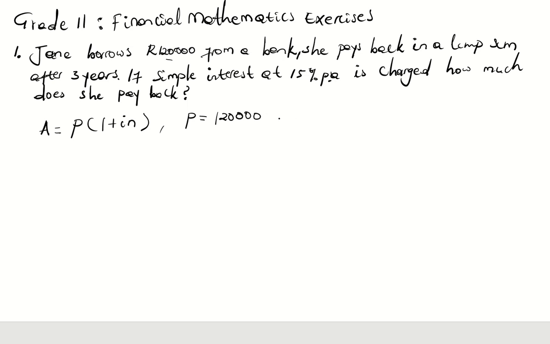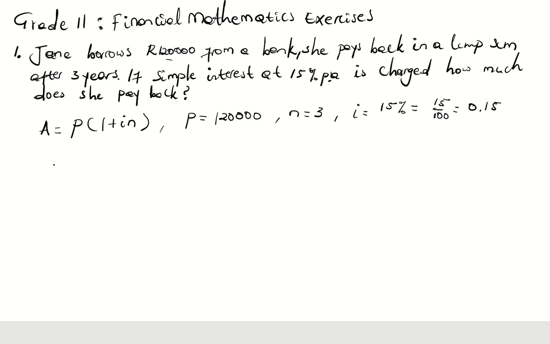That's our P. The period, n, is 3 years. So we have n is 3. And we also have that the interest is 15%. And we said that 15% means 15 divided by 100. And that makes it 0.15, okay?